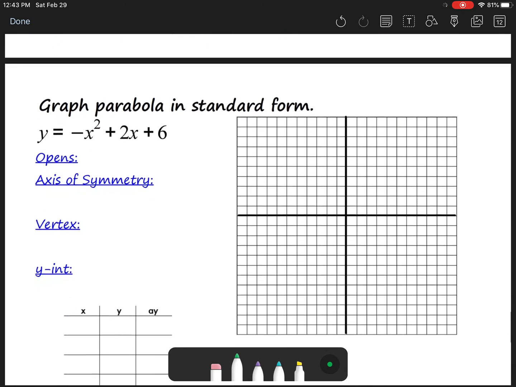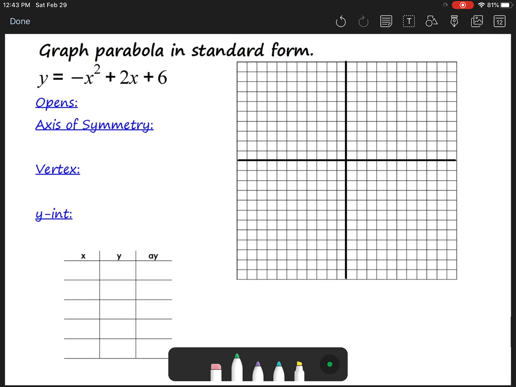It'd be a good idea to pause the video and see if you can figure this out for yourself. This one's going to open down. Our axis of symmetry with our negative b divided by 2a, well, that'd be negative 2 divided by 2 times negative 1, which is just 1. When we plug that in, we end up with y equals negative 1 squared plus 2 times 1 plus 6.